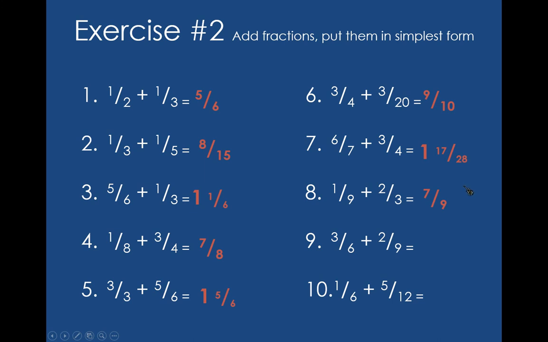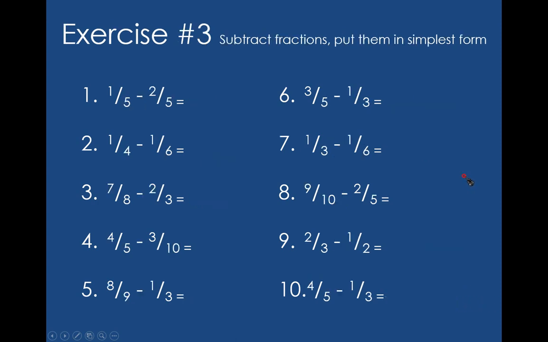Number 9, 3 over 6 plus 2 over 9. What's the answer? 13 over 18. Last one, 1 over 6 plus 5 over 12. What's the answer? The answer is 7 over 12. So, that's exercises number 2.